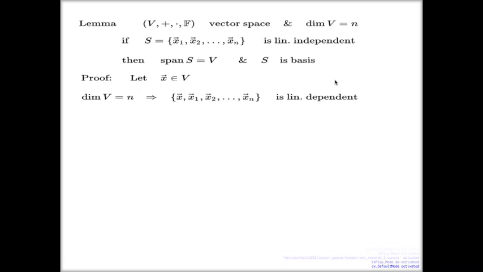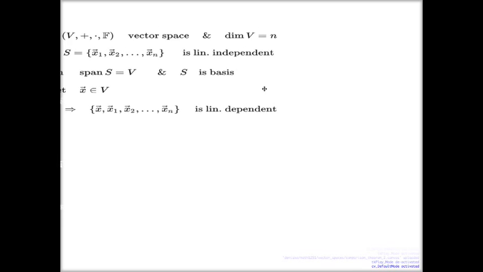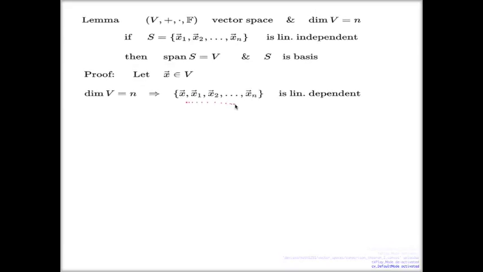Because if you assume for a second that this newly built set is linearly independent, then by the comparison theorem we just discussed, a linearly independent set never exceeds in size a spanning one. Given that the dimension is n, this vector space has a spanning set of size n.